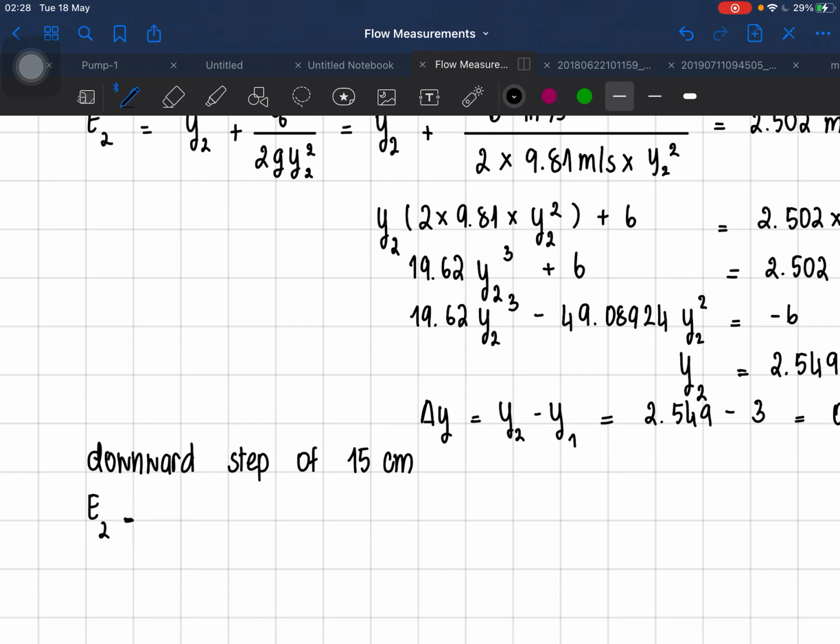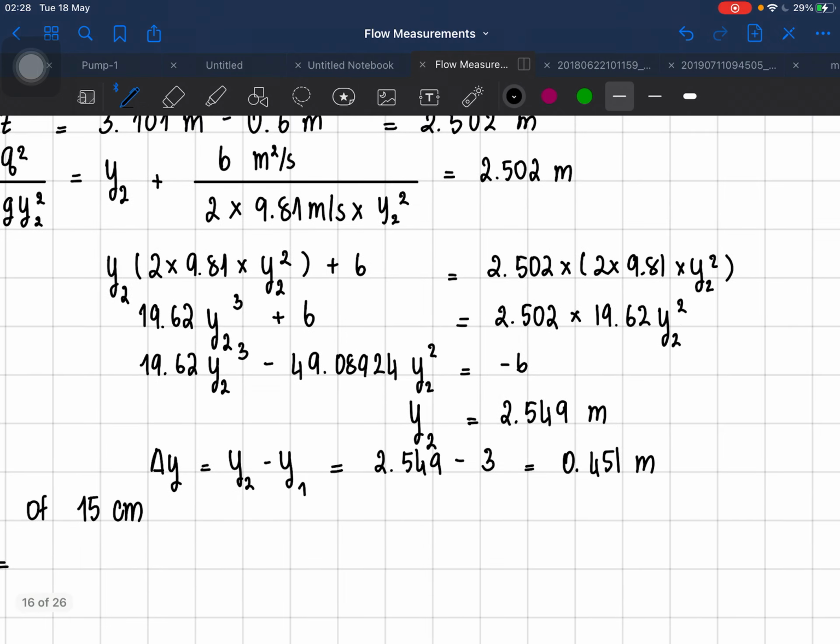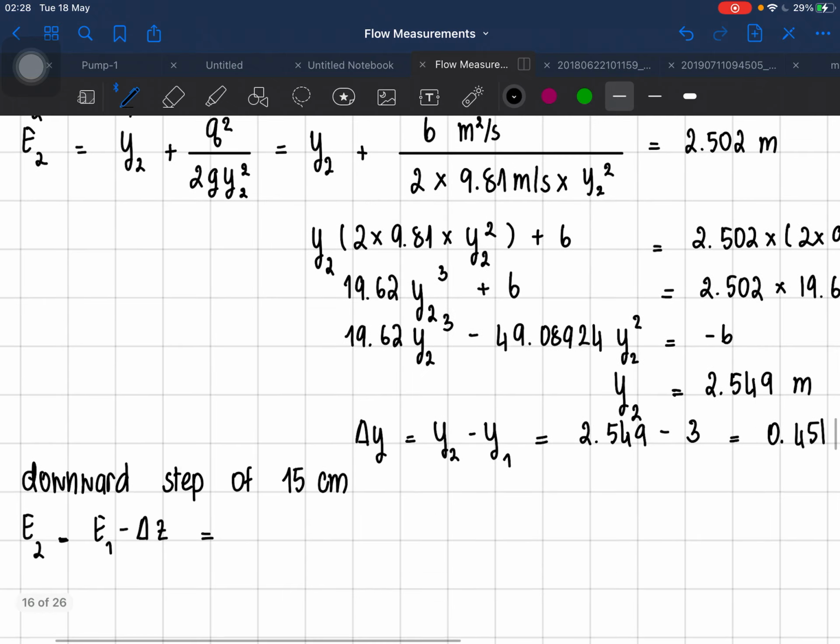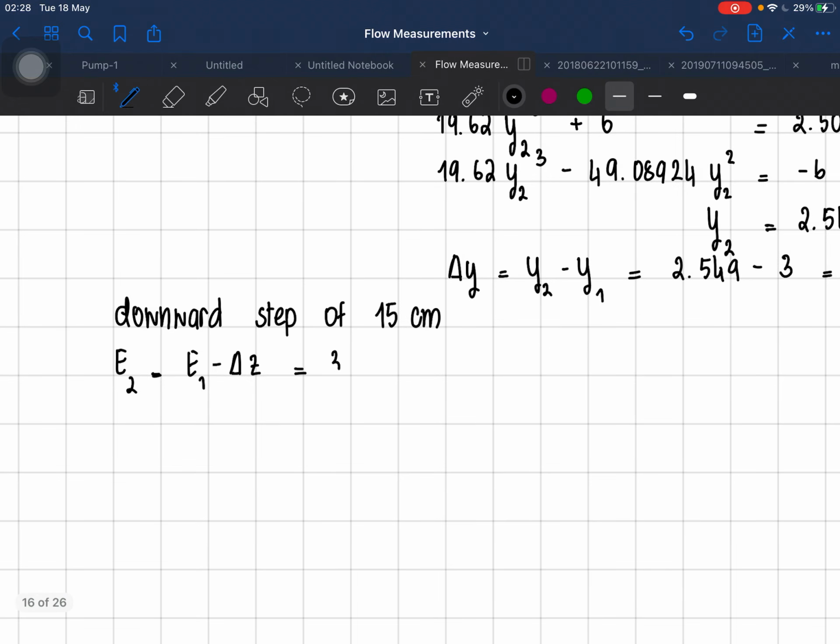E2 equals E1 minus delta Z. Delta Z is 0.6, equal to, okay, so for E1 that we have obtained earlier, it's 3.101 meter minus 0.6 meter.